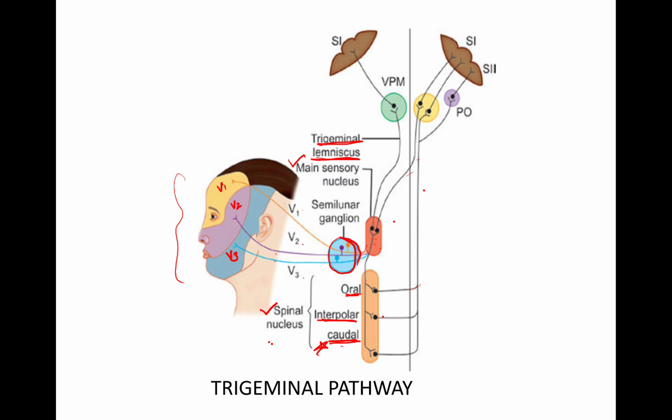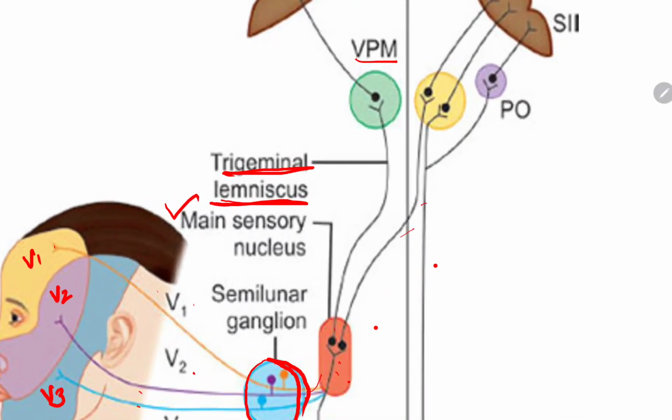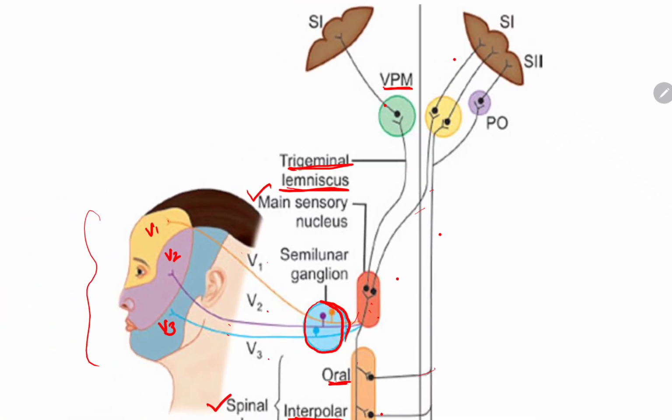upwards. Okay, they reach the thalamus at three nuclei. Three nuclei it will reach. First one is VPM, which is the ventral posterior medial nucleus.